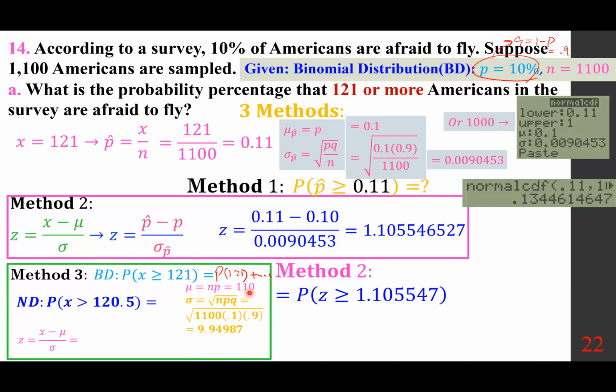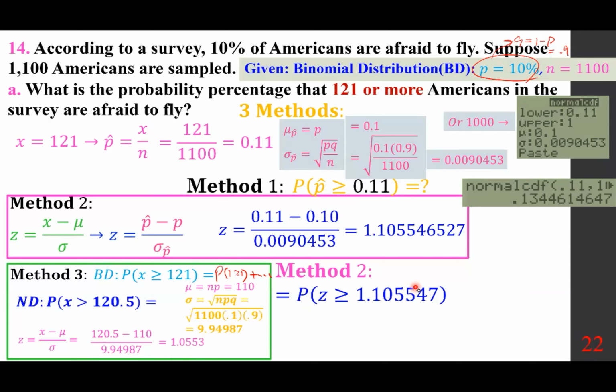Mu is np or 110. Sigma is the square root of npq, plug in 1,100 times 0.1 times 0.9. So we have a different mu and sigma, plug it in here. And it so happened it gives you basically the same z-score as this one, almost the same, class.